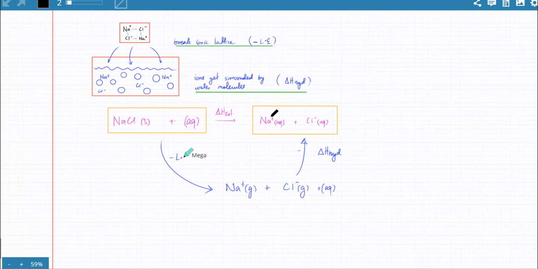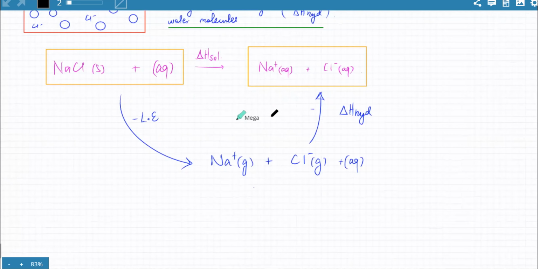So that's your enthalpy change of solution. One path is equal to the other path, so you can write the formula, which is going to be, and this is specifically for ionic compounds, that your enthalpy of solution is basically the negative of lattice energy.